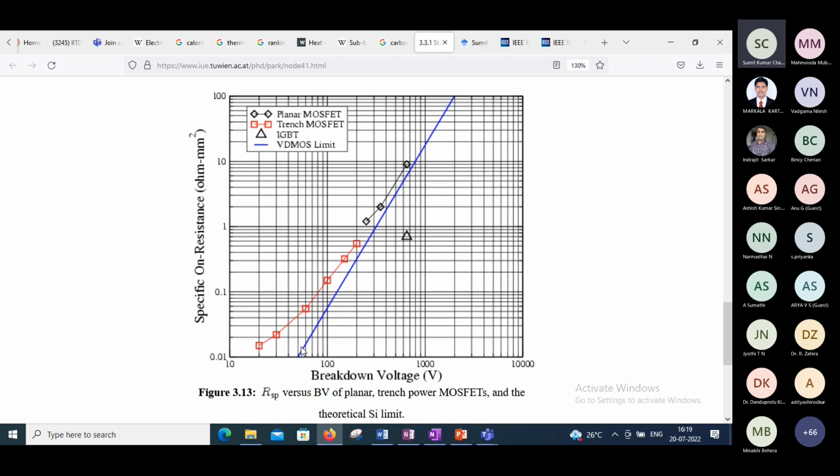Why? In this class I cannot discuss that in a short time. But if we could connect 10 MOSFETs of 100 volt in series, or 20 MOSFETs of 50 volt in series, that would have much lower conduction loss compared to a single MOSFET or even a single IGBT of that voltage rating.